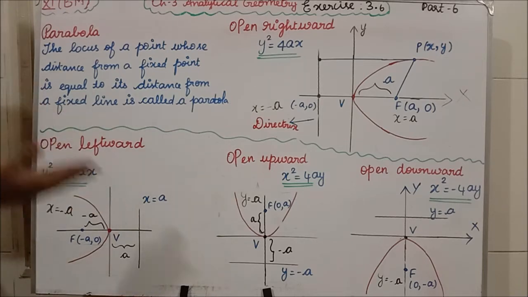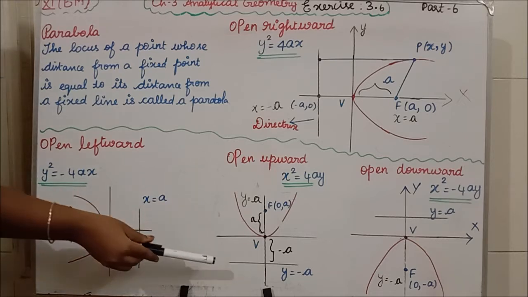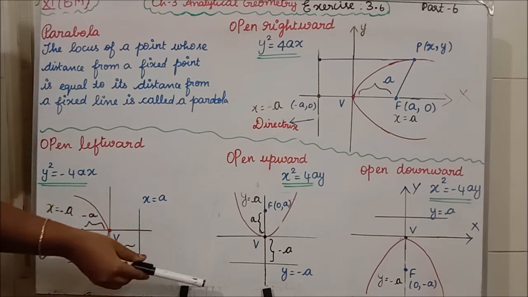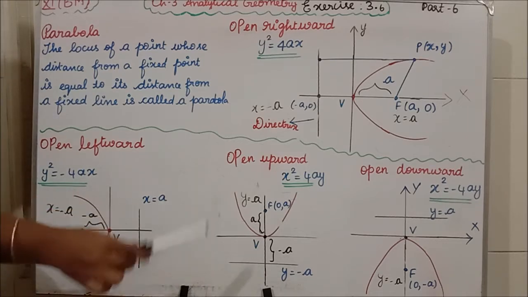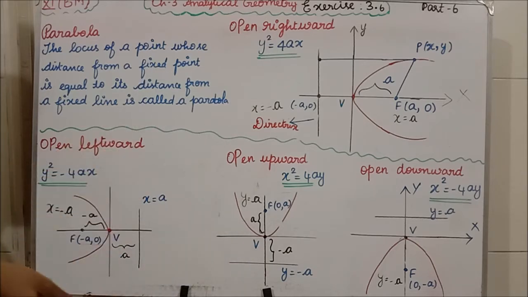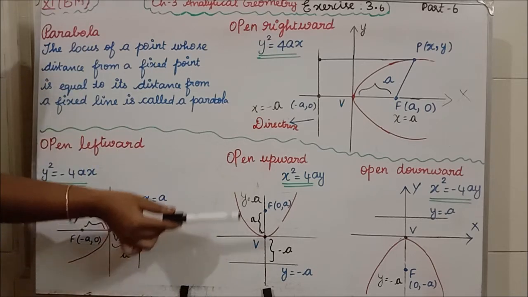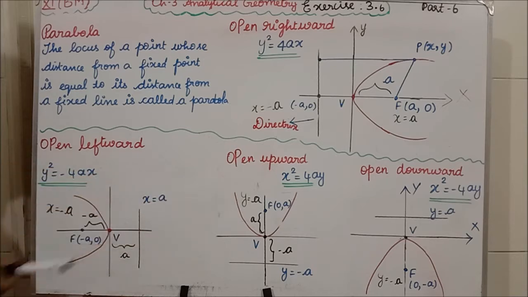Clear? Similarly, for the next diagram, this line is the directrix, which is a fixed line. So y equal to minus a is the equation of the directrix. Similarly, y equal to a is the equation of the latus rectum. Can you understand?